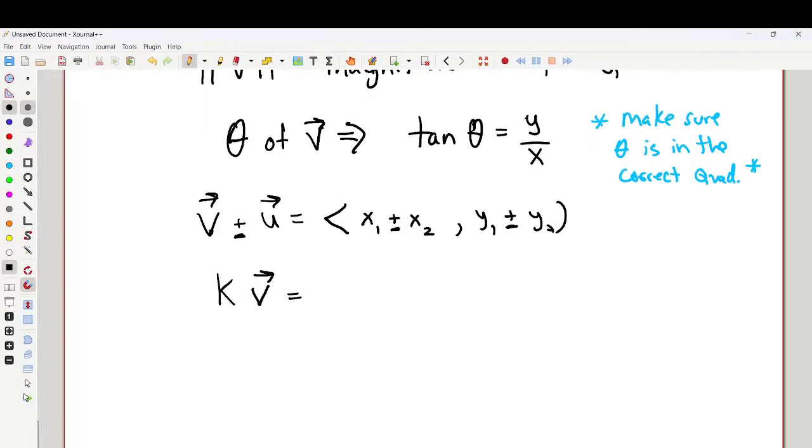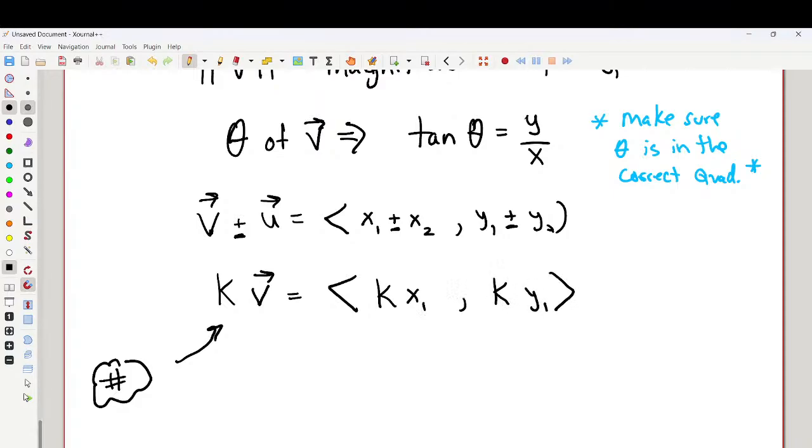And K times V, where K is some number, then it's strictly K times X1, K times Y1. And again, the story of a repeated earthquake. So if that earthquake happened 10 times, it would be 10 of these shifts and 10 of these shifts.